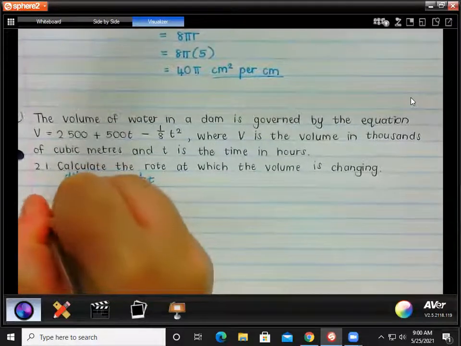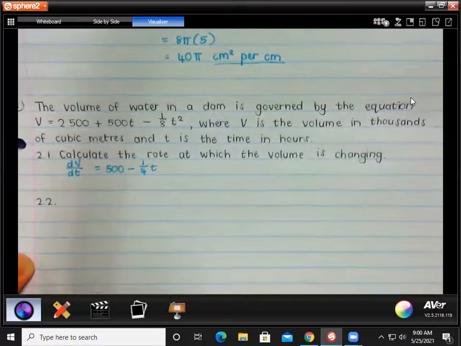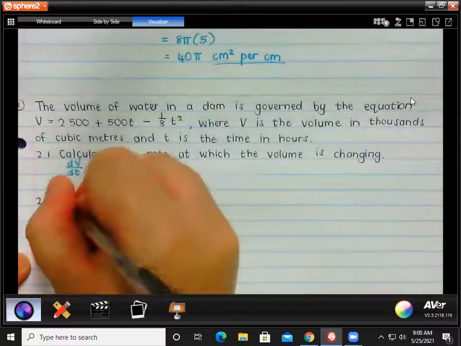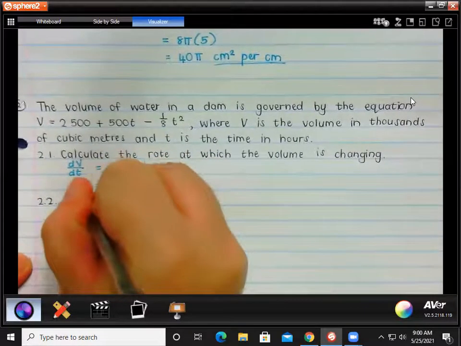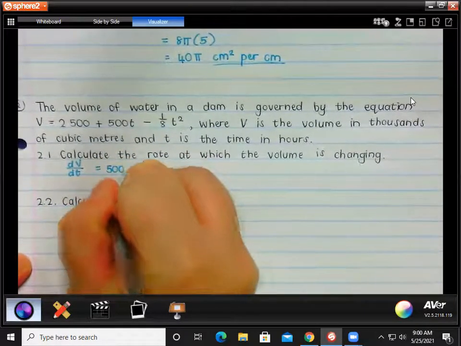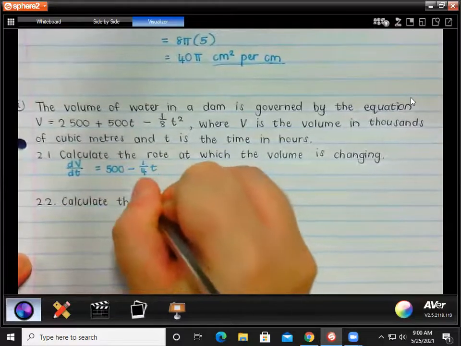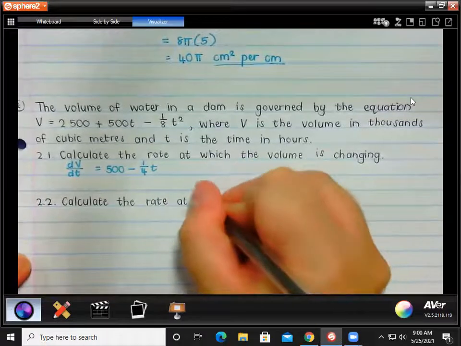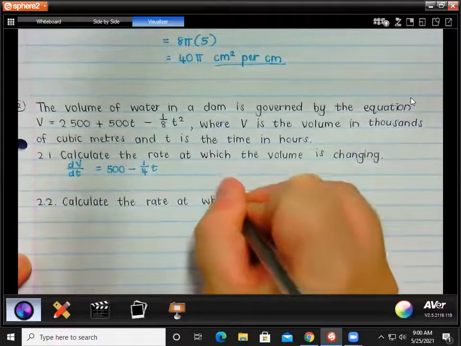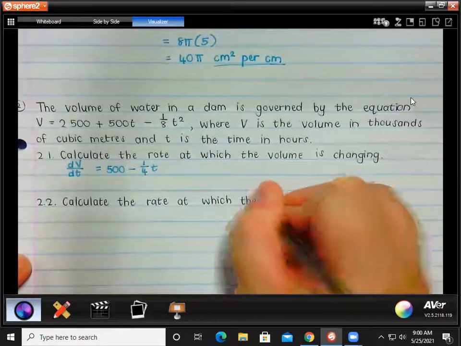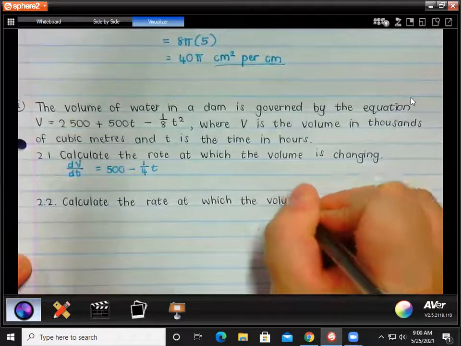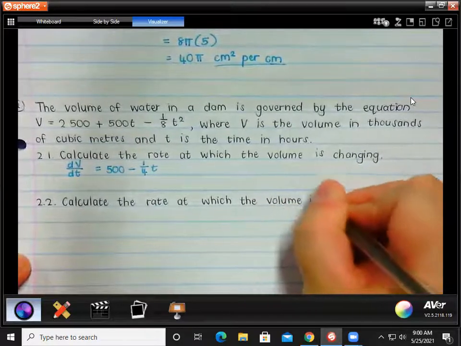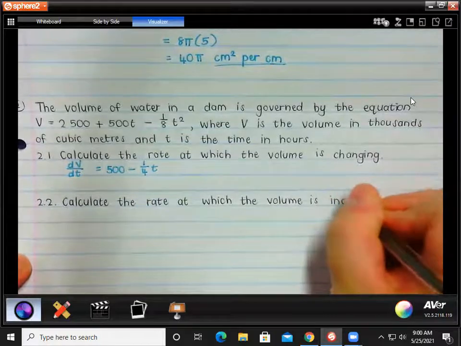Because in 2.2, they're now going to give us a specific time. So now they're saying, calculate the rate at which the volume is increasing.